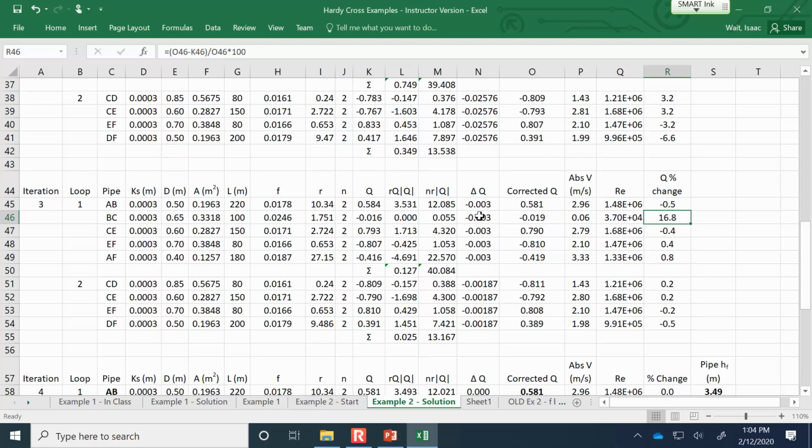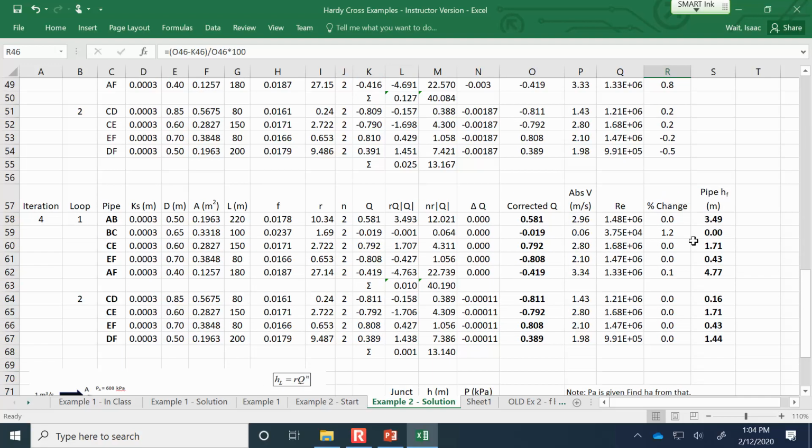The percent change is essentially the delta Q divided by the corrected Q, so it appears big because the flow rates are so small. The denominator in that fraction is low. One more iteration, and then all the percent changes are, we'll call this good enough, 1%.